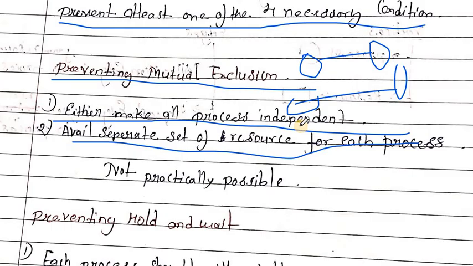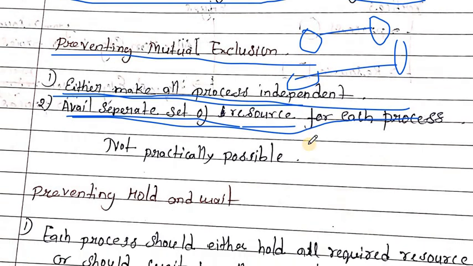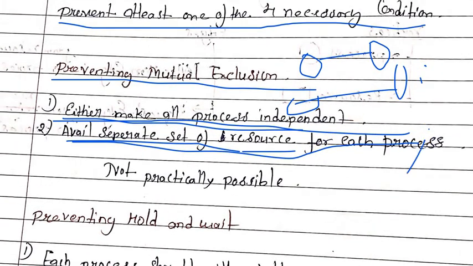If there are 10 processes asking for a printer and we have only one printer, and we follow the condition of mutual exclusion, either making processes independent or giving a separate set of resources, how do we provide 10 printers for 10 processes? It is not practically possible, no? Will I give 10 printers, one printer to each process? It's a waste of money.